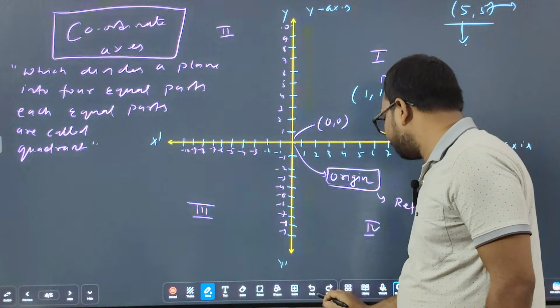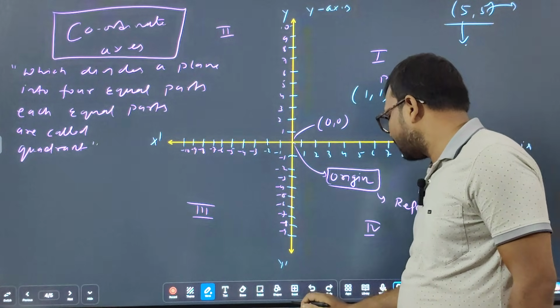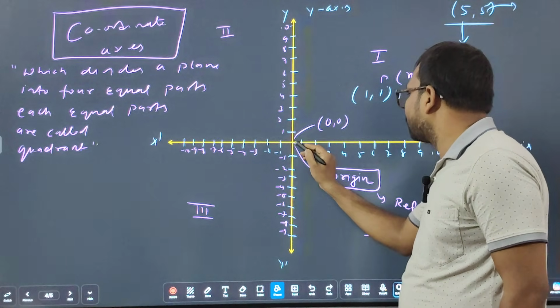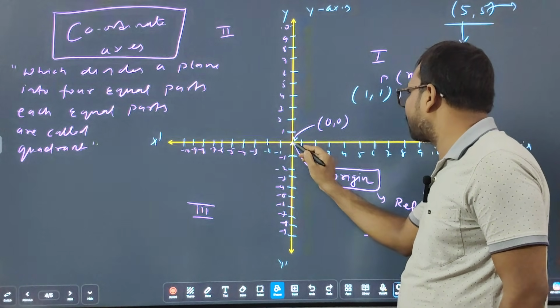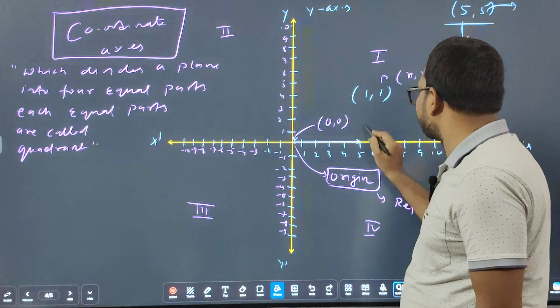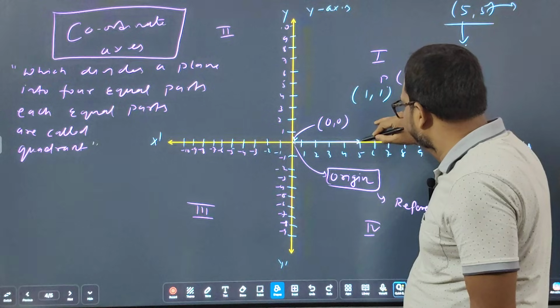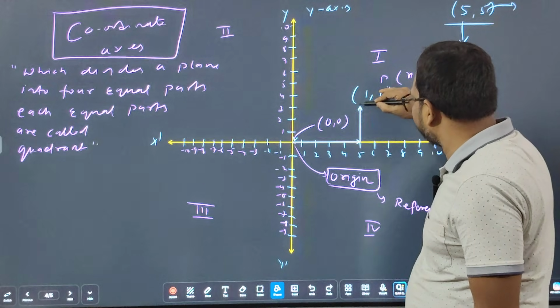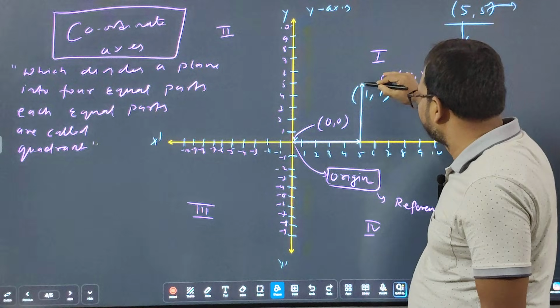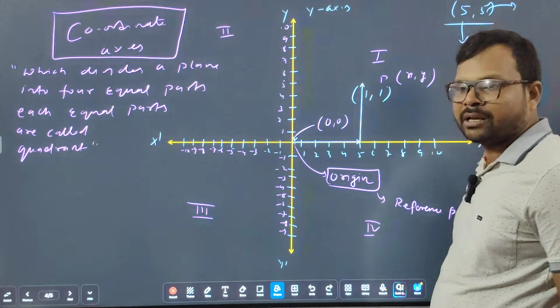Now start from the origin and we have to move how many units? 5 units. That means now draw a perpendicular line on the x-axis from the 5 unit mark.